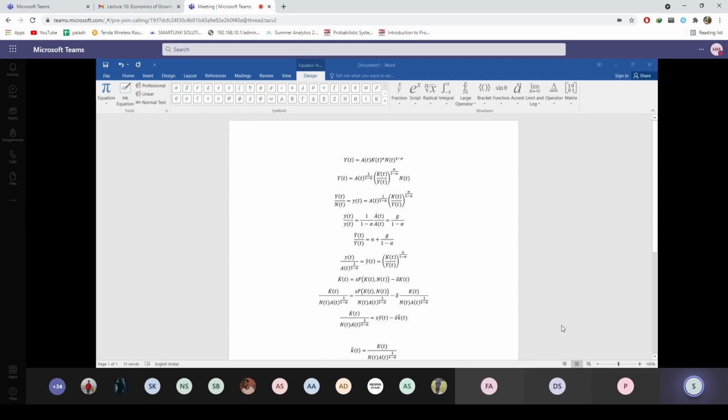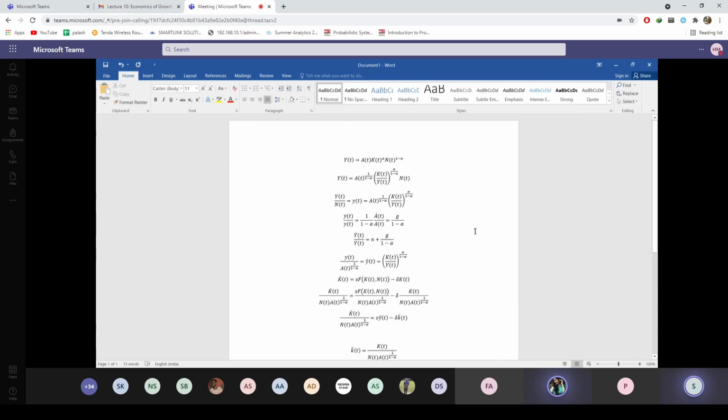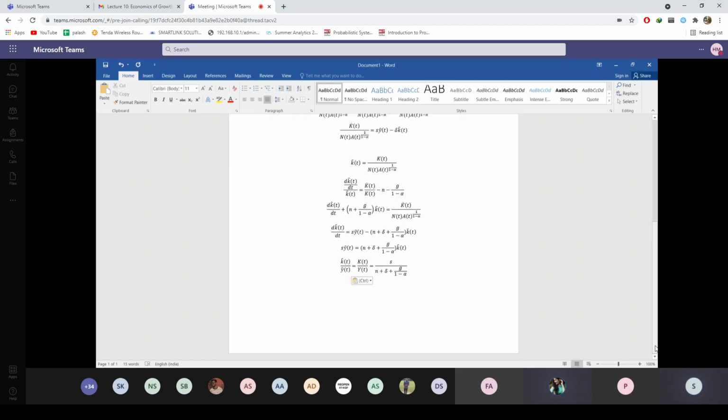Sir, at steady state, we have written k and y as a function of t. Sir, in the second last line we have written y hat t and k hat t.